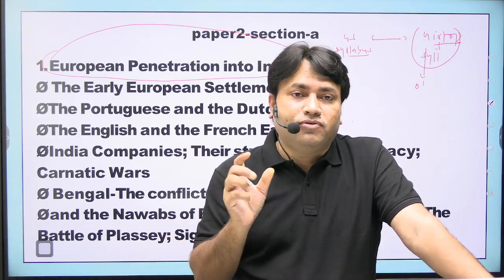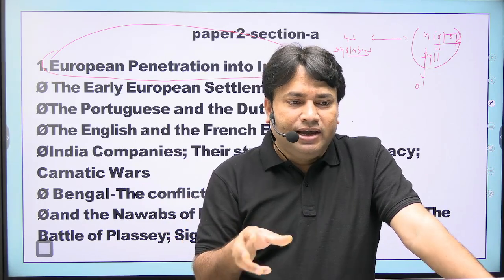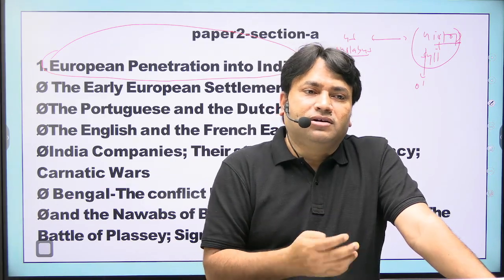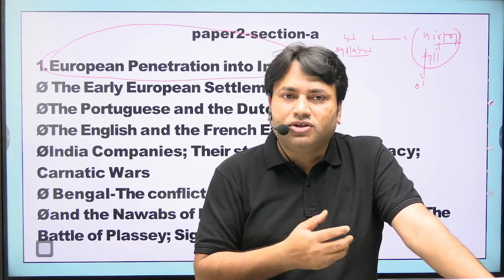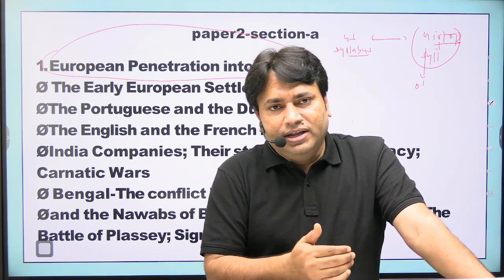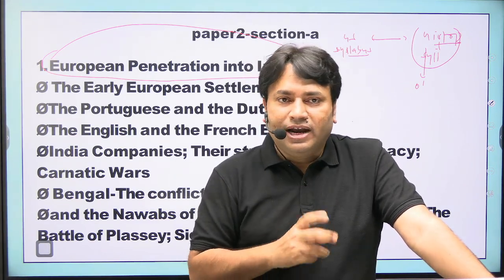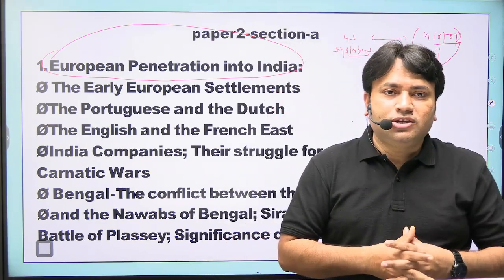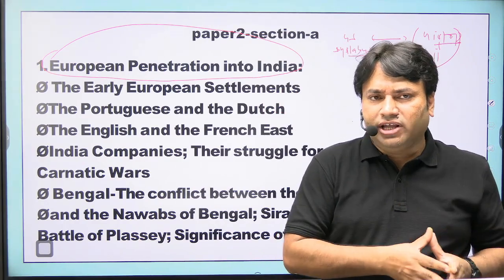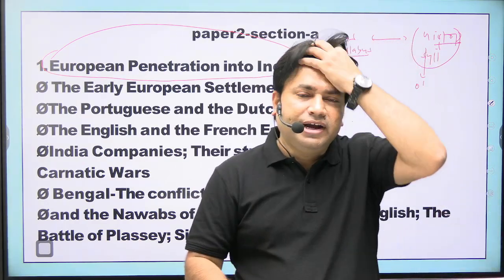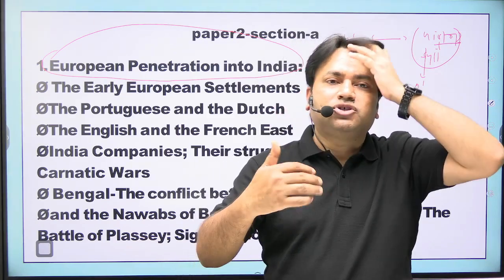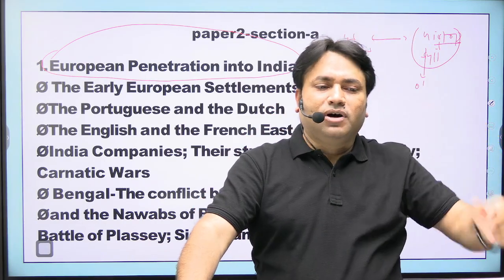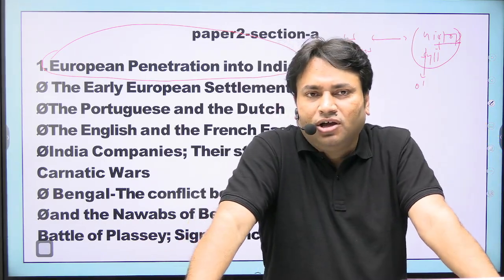Because before this, India had a kind of mosaic structure supported by different regional rulers, and there was also a central authority, but the control and dominance of that central authority was variable. It kept changing from time to time. So this transformation took place, and now India became a British dominated colony.